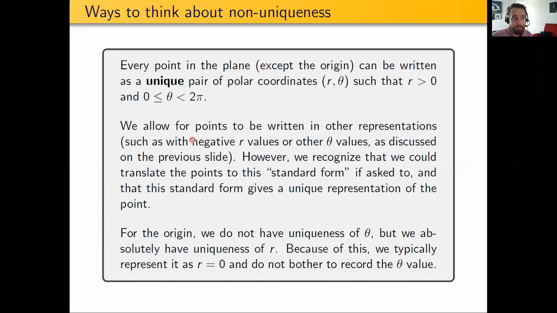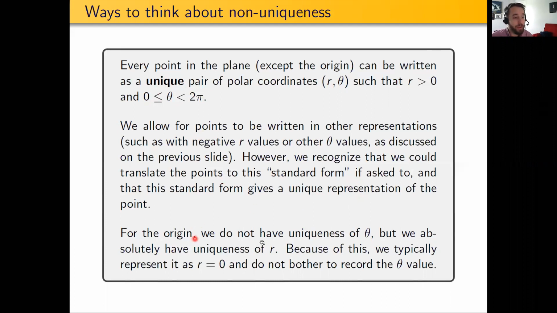So we can still describe points those ways. However, we recognize that we could translate the points to this standard form if asked to. Standard form meaning r is positive, theta is between 0 and 2 pi. And this standard form gives a unique representation of the point. This does not work for the origin, but it works for all other points in the plane.